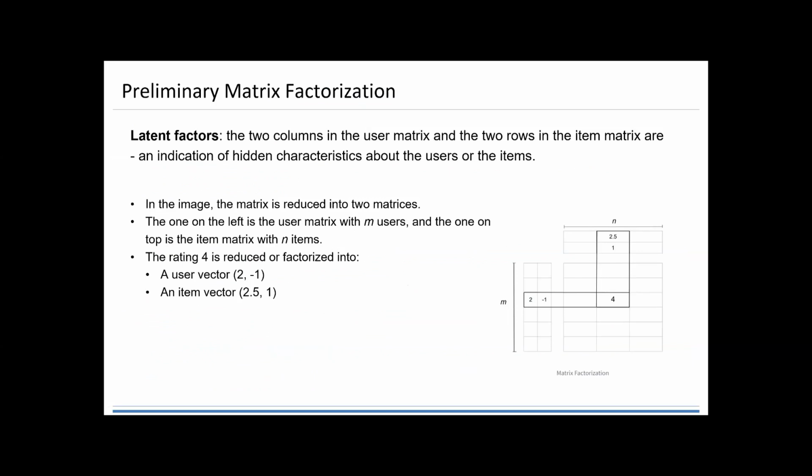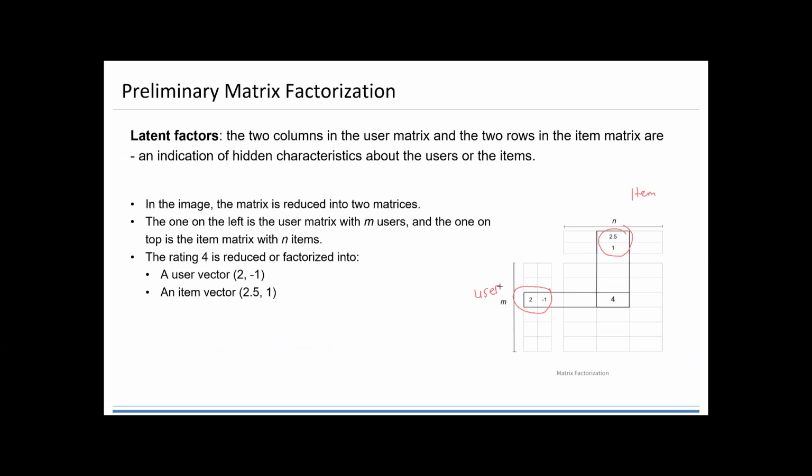So what is matrix factorization? It is based on latent factors. Let's say we have two columns in the user matrix and two rows in the item matrix. So this is the item, and this is the user.